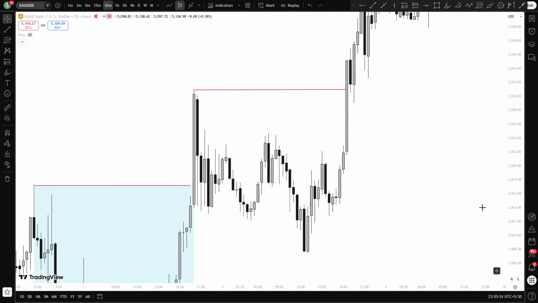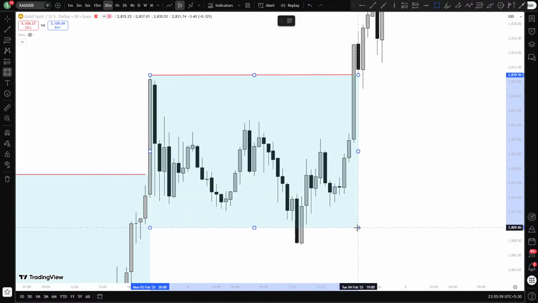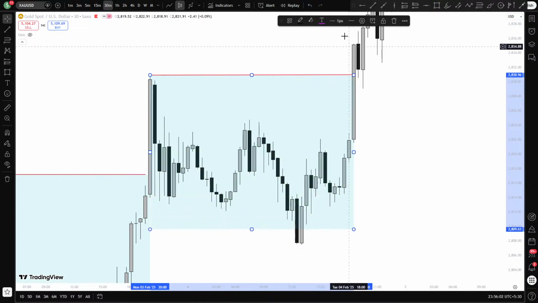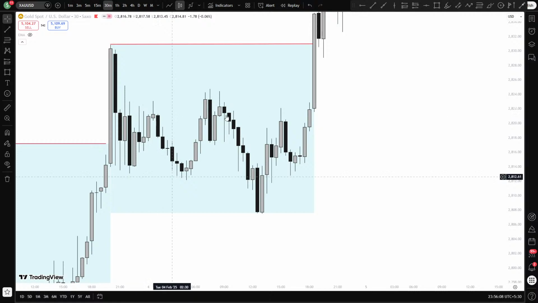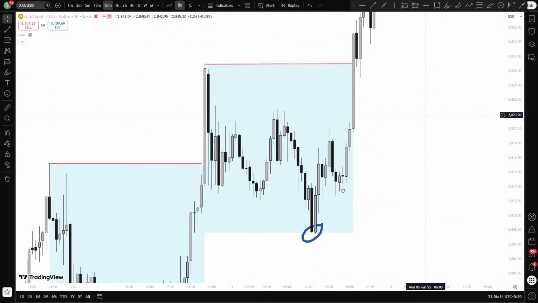I'm showing you how to mark it. Get your rectangle, come here and mark to the center of the breakout of structure. Then you come here. This lowest point is in this area. This is your higher low.